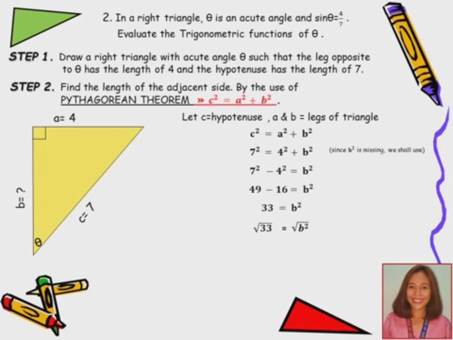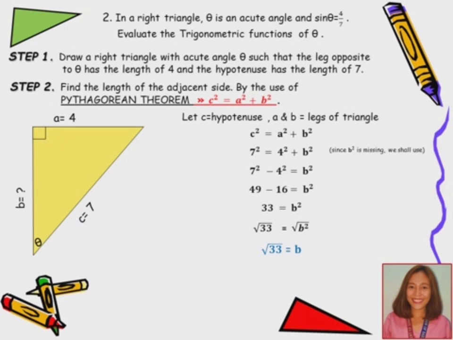So since we extracted our b squared, it becomes just b, because the power, or the squared, on our b is eliminated when we extract it with the square root. So we will have square root of 33 equals b, or b equals square root of 33.